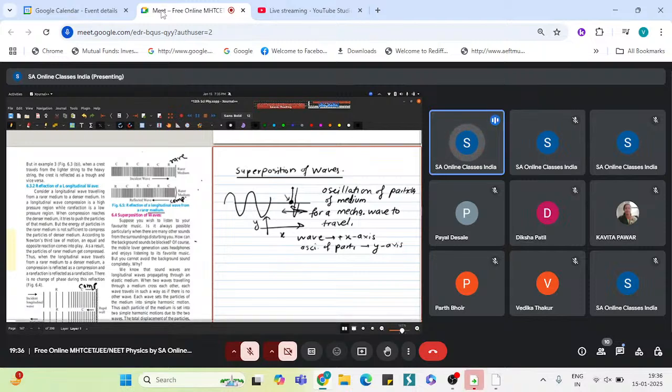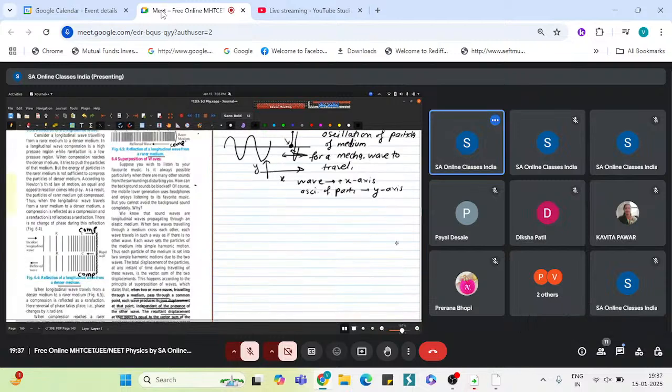So the particles always oscillate perpendicular to the motion of the wave, which is the definition of a transverse wave. By definition, a transverse wave is one in which particles move in a direction perpendicular to the direction of the wave. And similar things will happen also for rarefaction.